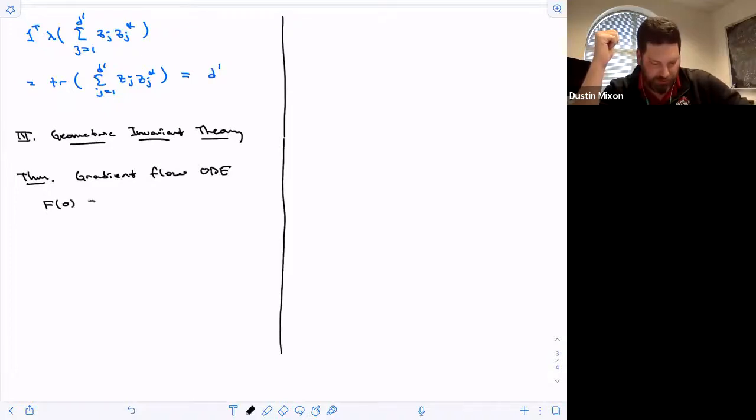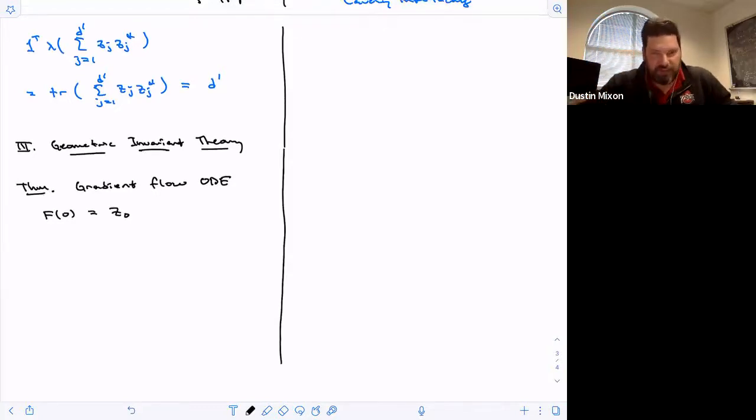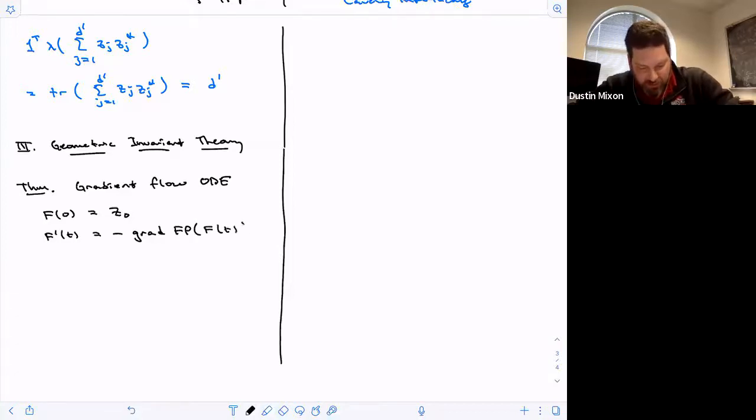You initialize at some member of SDN, and then you flow opposite the gradient, in fact, the Riemannian gradient of this frame potential. Remember, the frame potential is a function defined on SDN. Okay, so this is a gradient flow that's swimming throughout SDN, this cross of spheres.